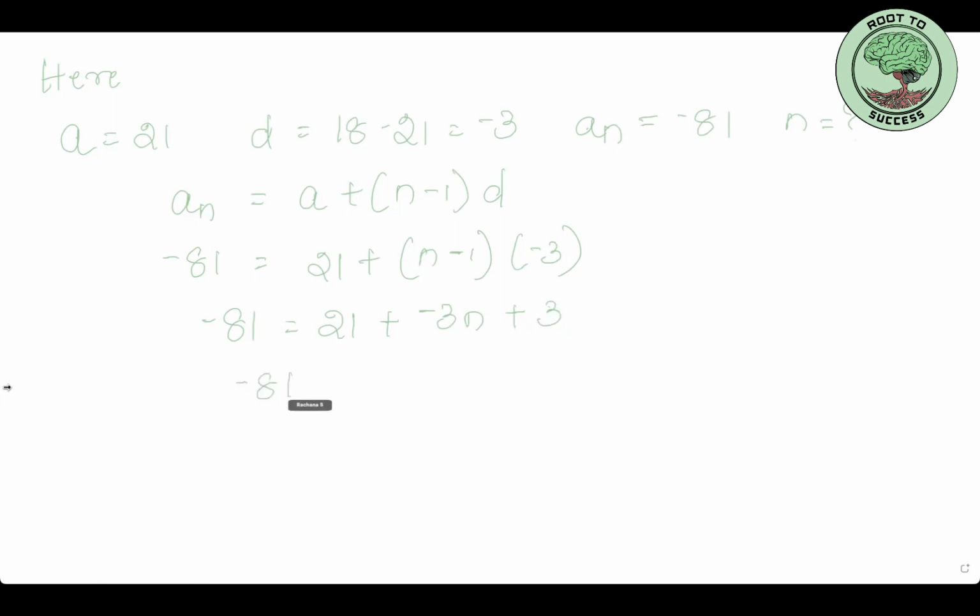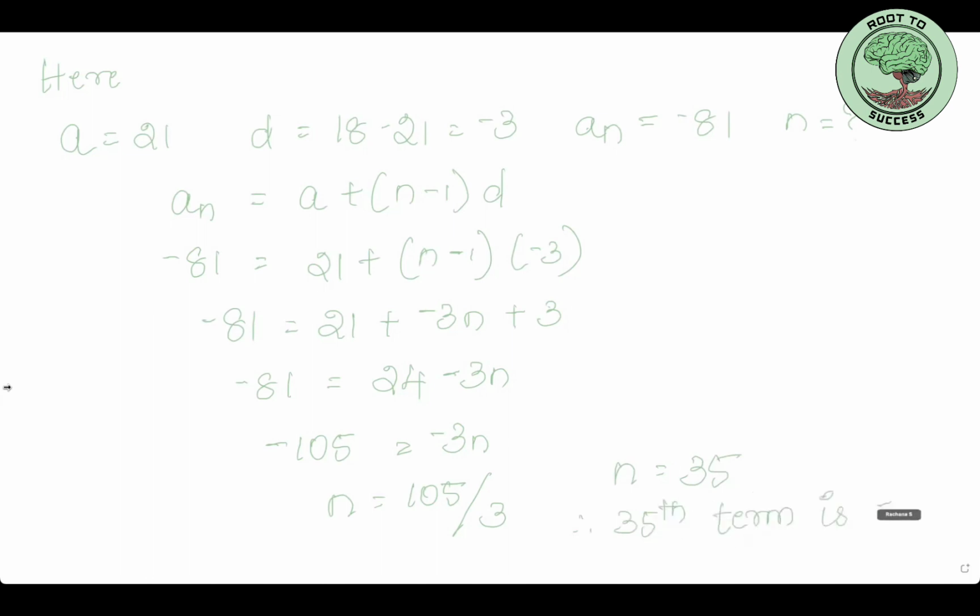So minus 81 is equal to 24 minus 3n, so minus 105 is equal to minus 3n. n will be 105 divided by 3, that is n equals 35. Therefore, the 35th term of the AP is minus 81.